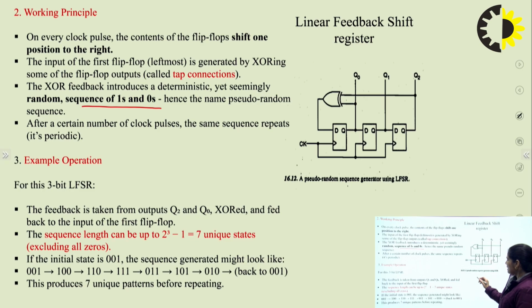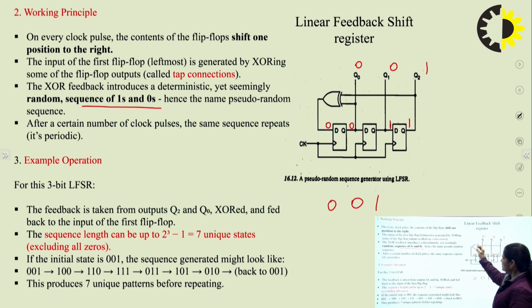Let us take an example of 0, 0, 1. For a D flip-flop, if we give input 0 we get output 0, so here 0 is for Q0; if we apply 0 to this D flip-flop we get 0, and if we apply 1, we get 1.